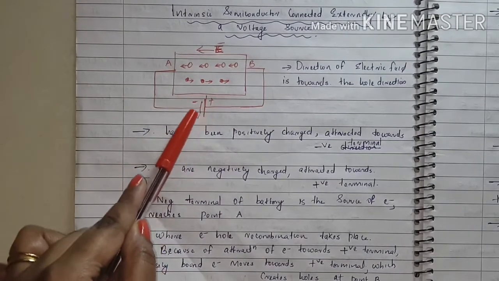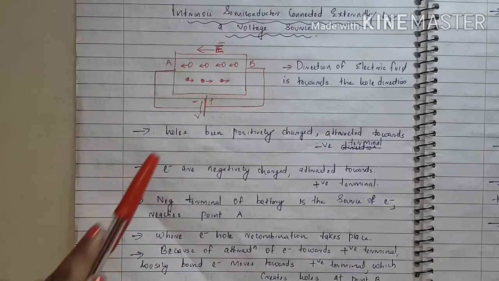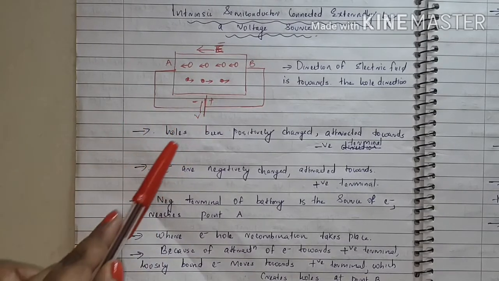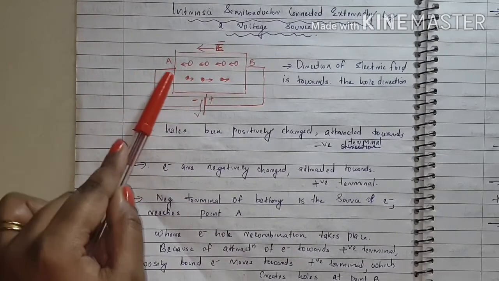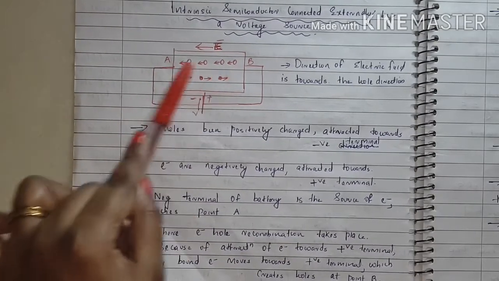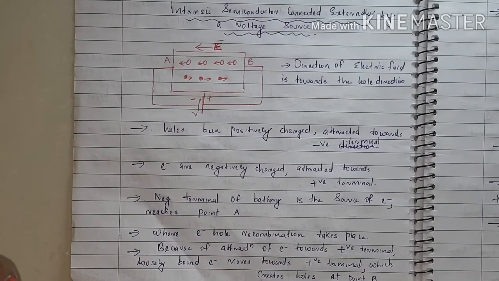The negative terminal of the battery is the source of electrons, and these electrons reach point A, where electron-hole recombination takes place.